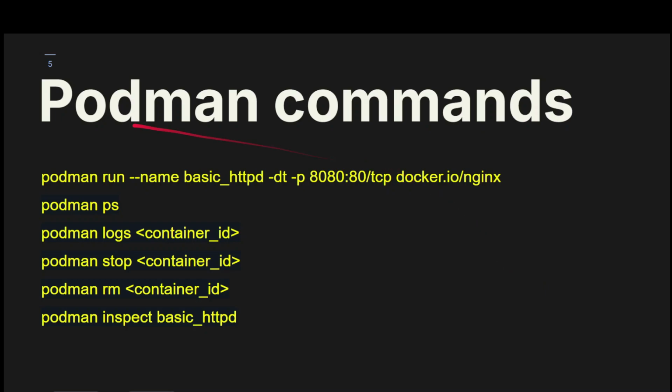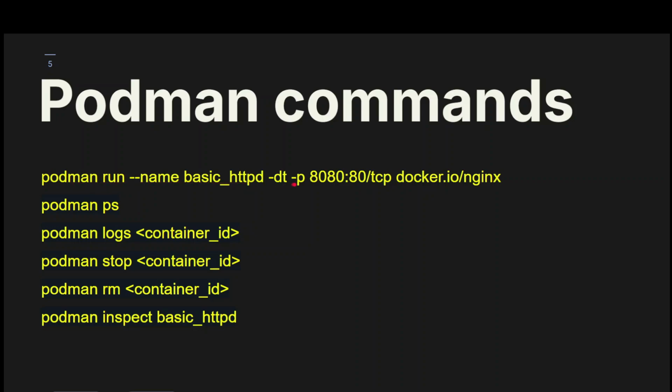If we look at the Podman commands, these are the different commands: podman run, podman ps, podman logs. All these commands are similar to Docker, so there is no difference. If we are aware of Docker commands, we can easily use Podman to do the same operations.